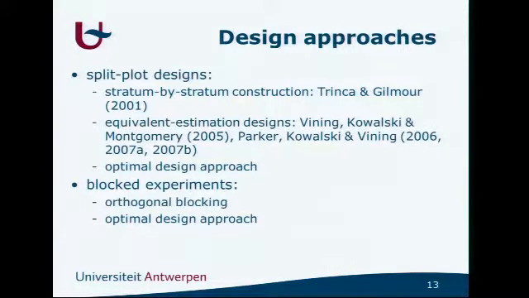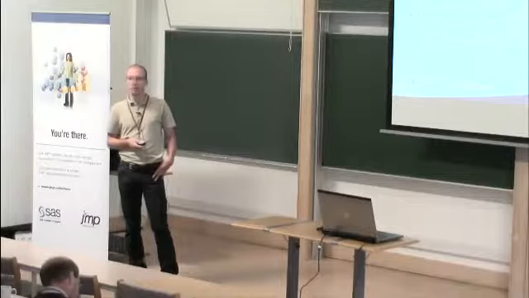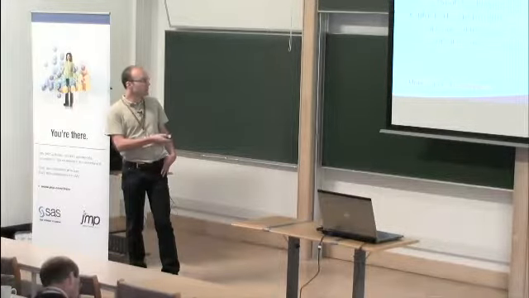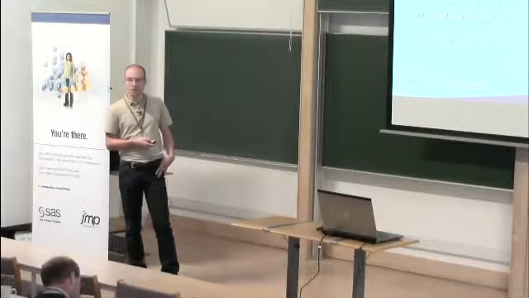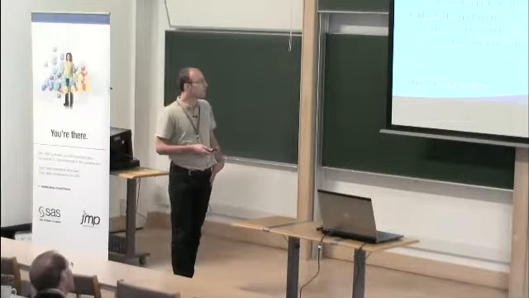For blocked experiments, the emphasis has for a very long time been on orthogonal blocking. For example, in all textbooks about experimental design, response surface design, I should say perhaps, the emphasis has been on orthogonal blocking for central composite designs and for Box-Behnken designs, but also for blocked experiments I did some work a long time ago using the optimal experimental design approach.